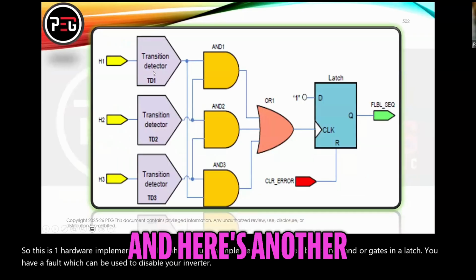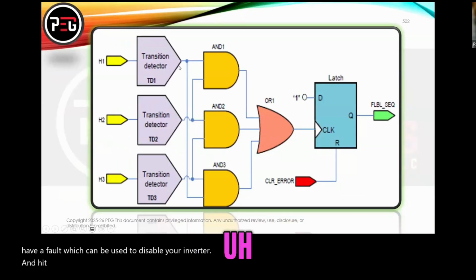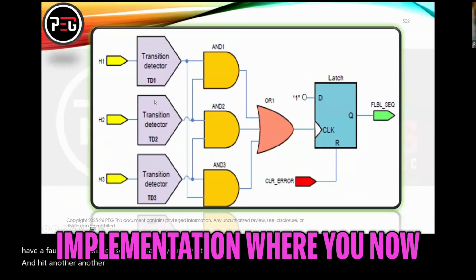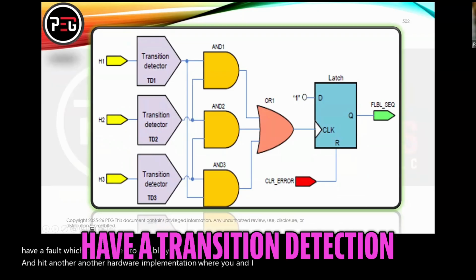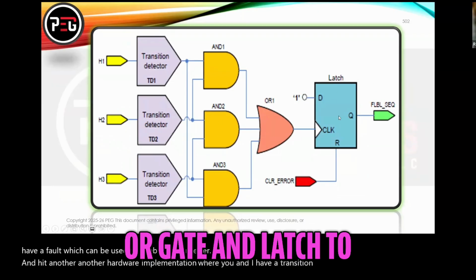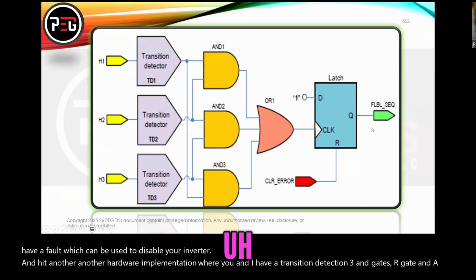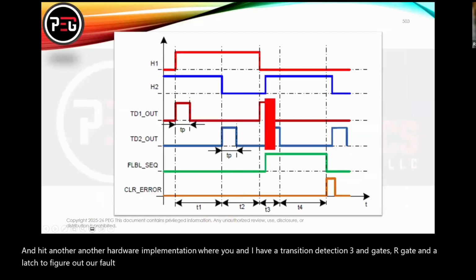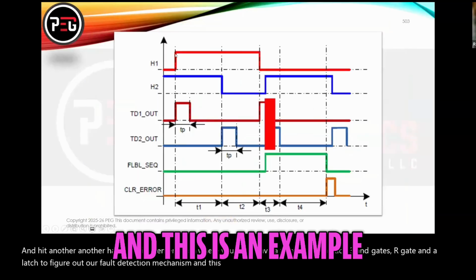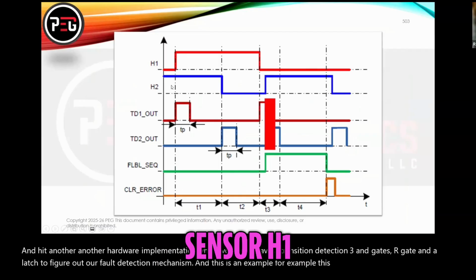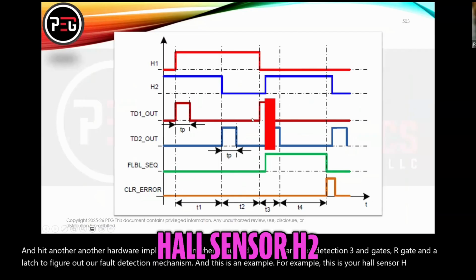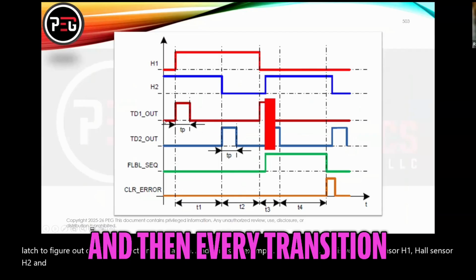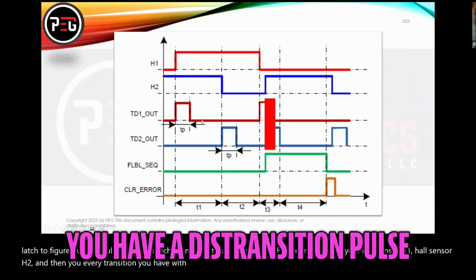And here is another hardware implementation where I have a transition detection, 3 AND gates, OR gate, and latch to figure out the fault action mechanism. And this is an example. For example, this is your Hall sensor H1, Hall sensor H2, and then every transition you have this transition pulse.